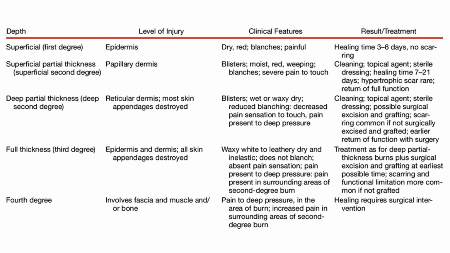There is reduced blanching now. That's what helps separate superficial second degree from a deep second degree. And there's now decreased pain sensation to touch. And why do you think that is? Yeah, we're losing some nerve. We've had some nerve damage now, okay? So we're not going to feel as much pain or pressure.